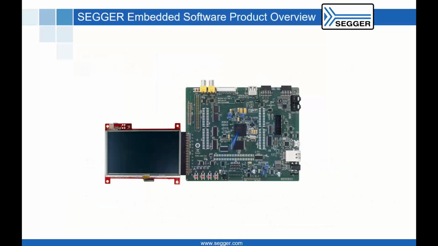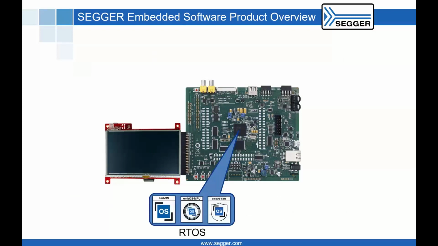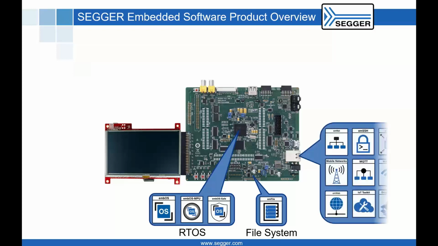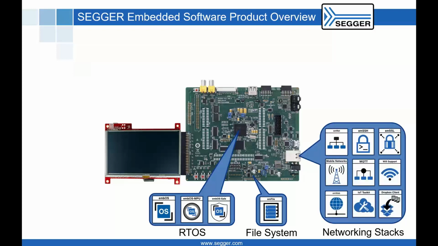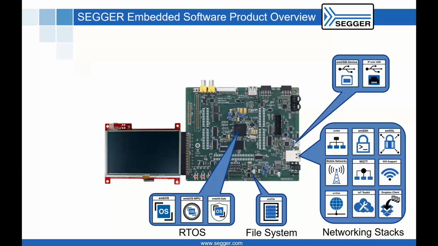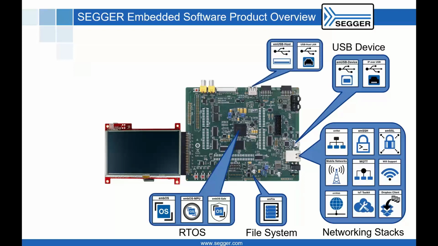Here's a quick overview of what we have to offer in terms of embedded software. We have the RTOS, which of course is the focus of today's webinar. We also have a file system called emFile. We have lots of stacks and utilities for networking. We also have USB device and USB host stacks.